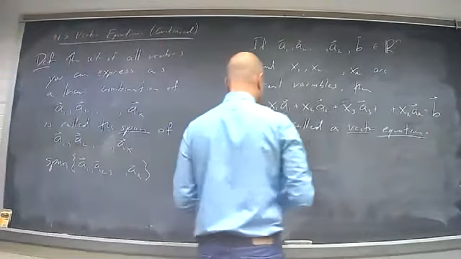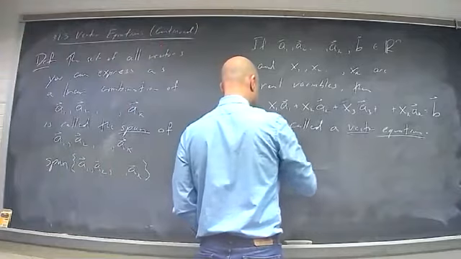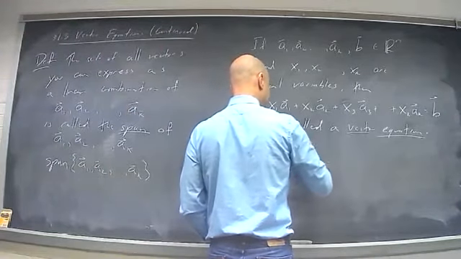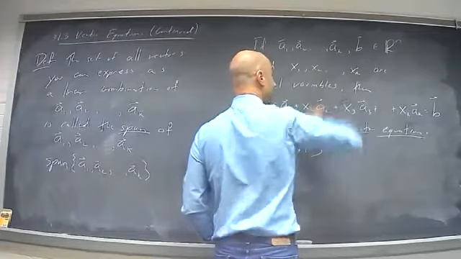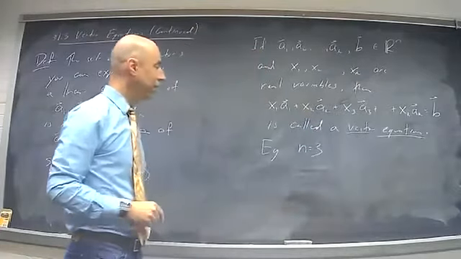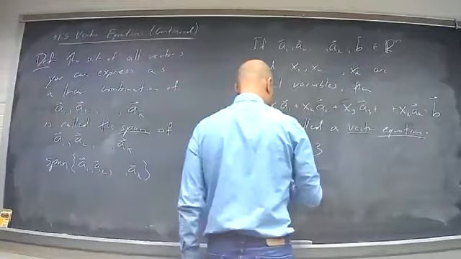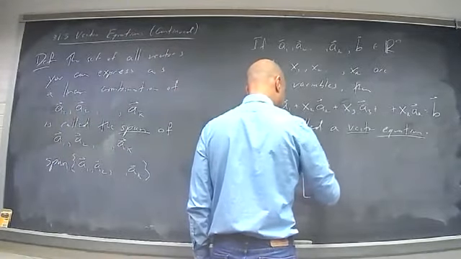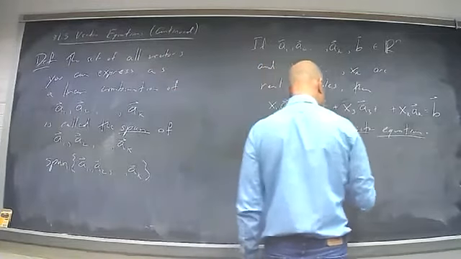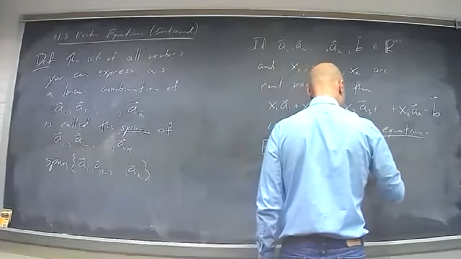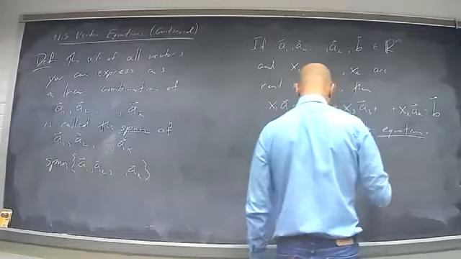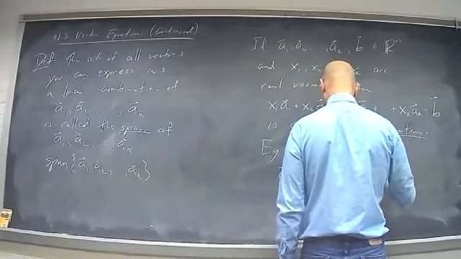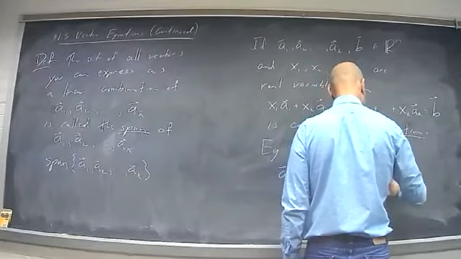So for example, let's say n equals 3, so we're working in R3. And let's say a1, I'm going to pick exactly the same example I had before, is 1, 2, 3. And let's say a2 is equal to 1, 1, 1.